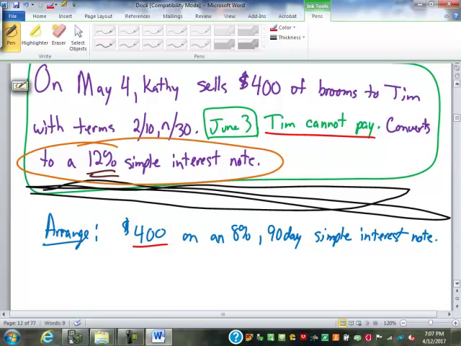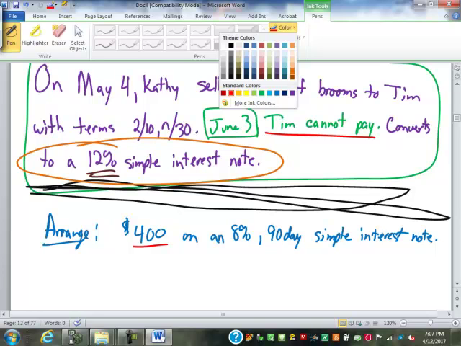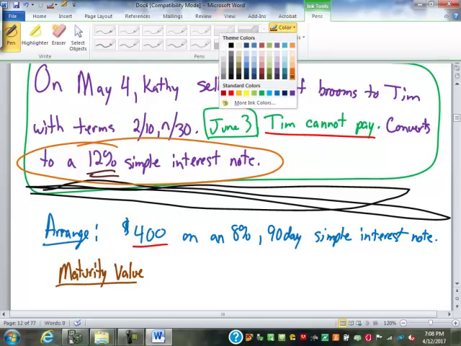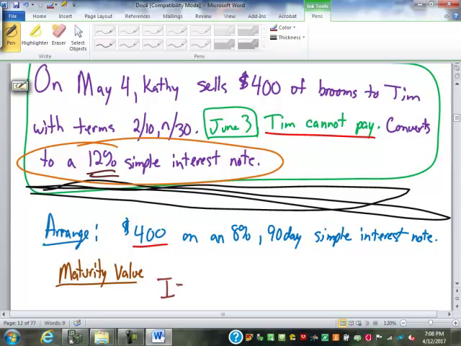So let's take a peek. What we're going to find here is the maturity value of this note. To do that, we first find the interest. So it's $400 times 0.08 times 90 over 360, which is, what, $8?